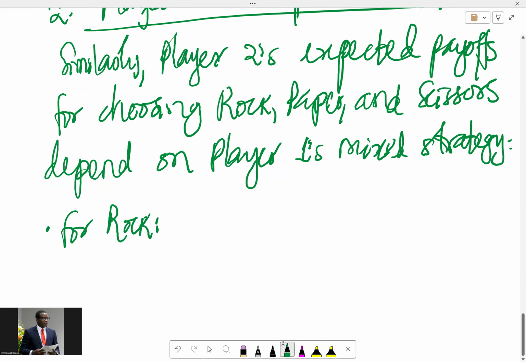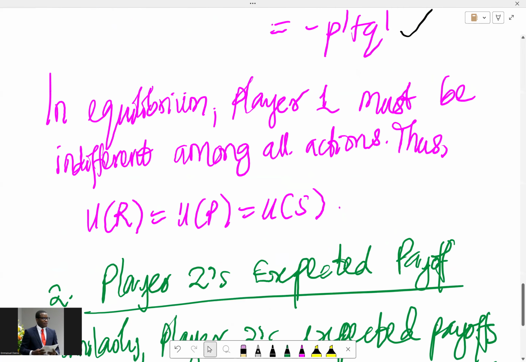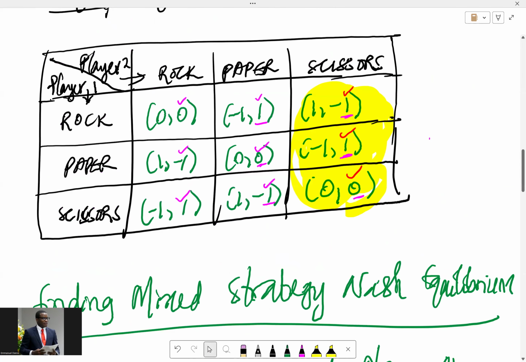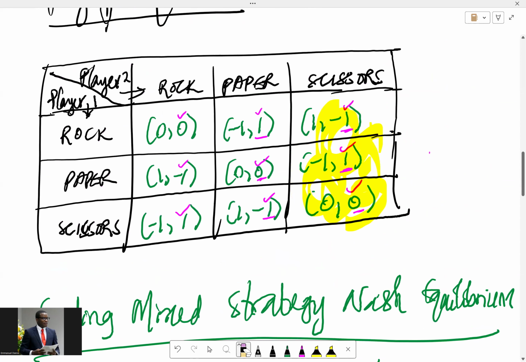So now for rock, see what happens. Let's go back to the table. For rock now, for player 1. So let me erase all this. Okay. For rock for player 1, this is where we now focus. So for rock for player 1, we have 0, minus 1, 1.